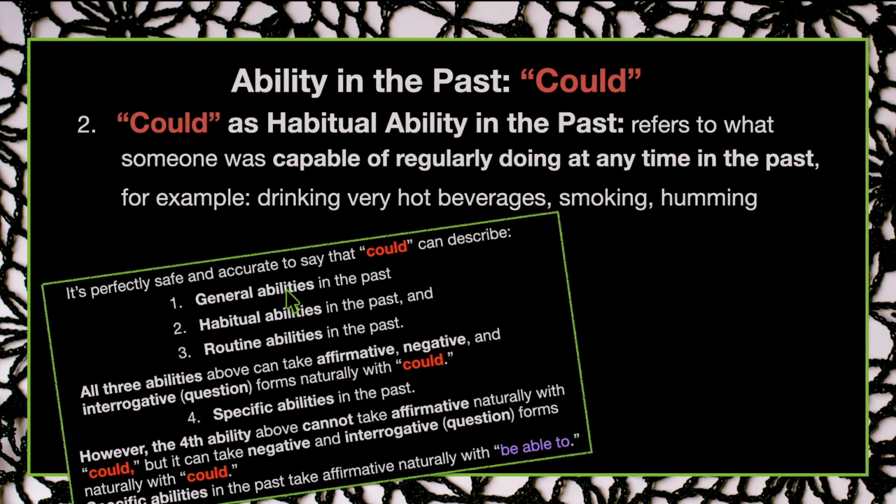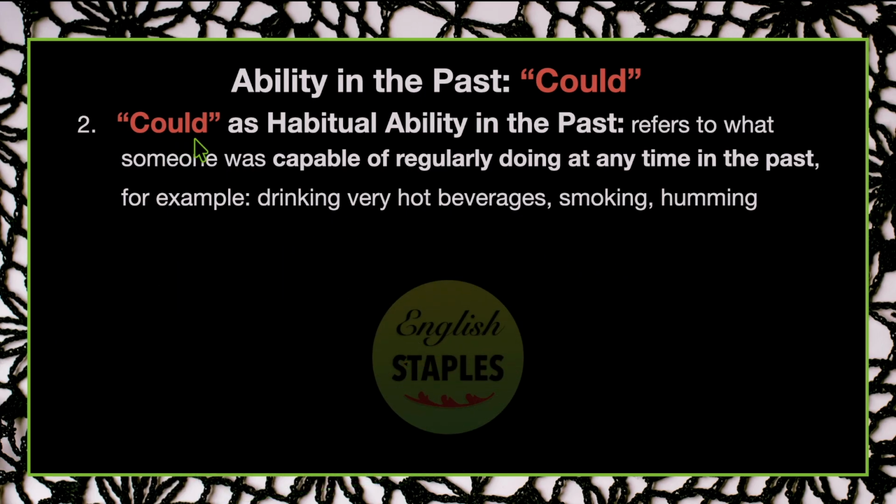Okay, so we can scratch the first one off our checklist. Let's look at number 2 now, habitual abilities in the past. Could as habitual ability in the past refers to what someone was capable of regularly doing at any time in the past.